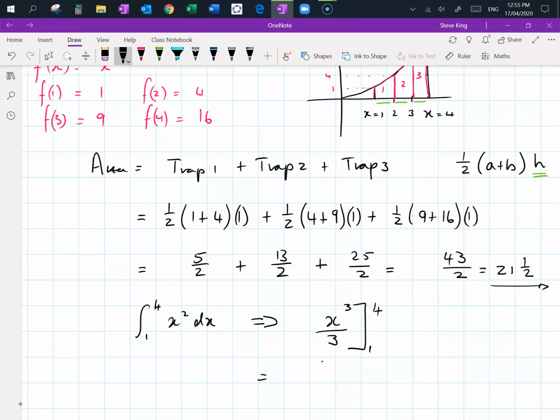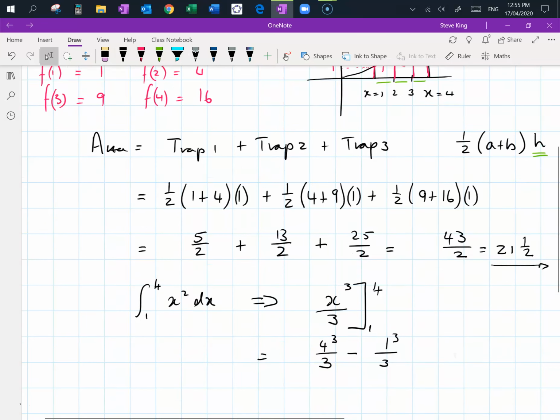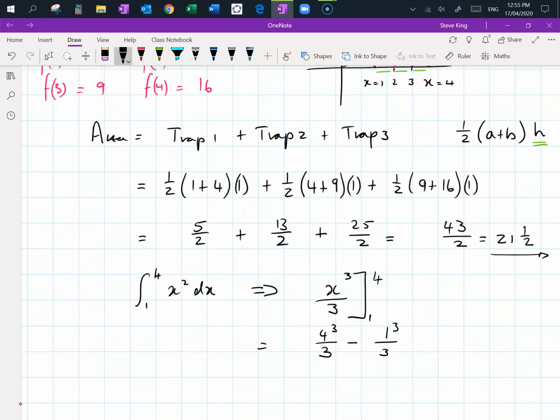So I'm going to have 4 cubed over 3 minus 1 cubed over 3. That's going to give me 64 minus 1 all over 3. In other words, 63 over 3. 63 over 3 is 21. So that's the exact area. This is my approximate area.